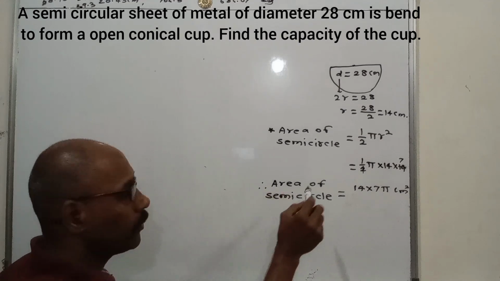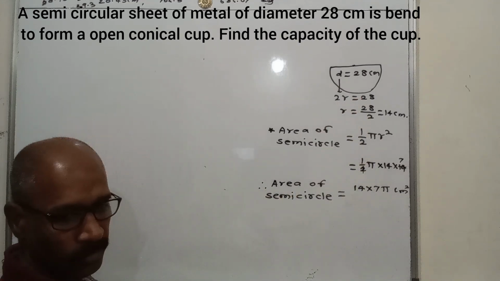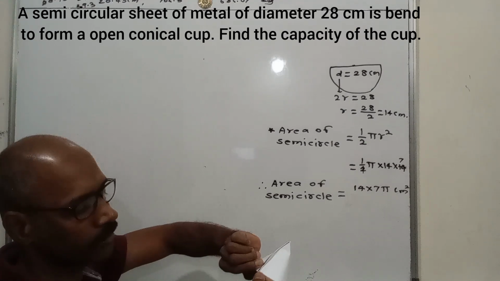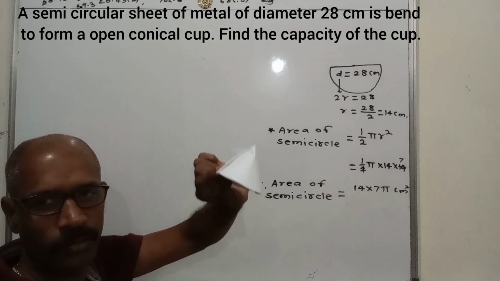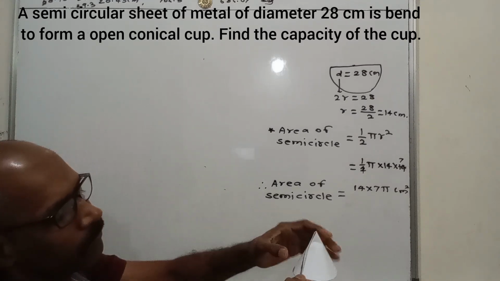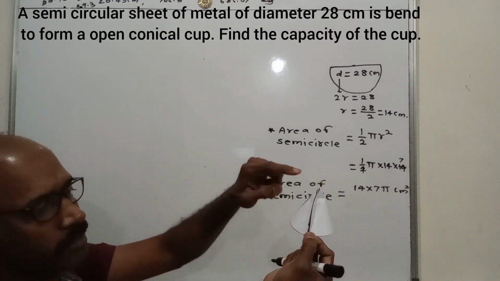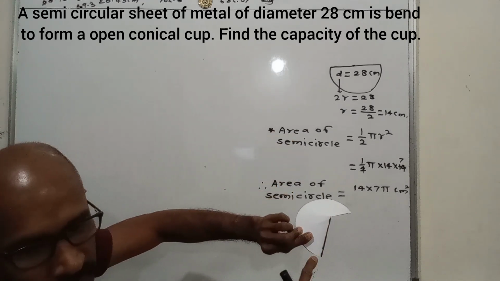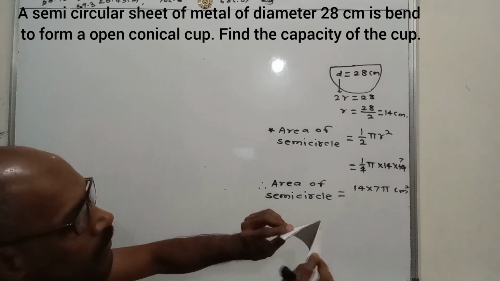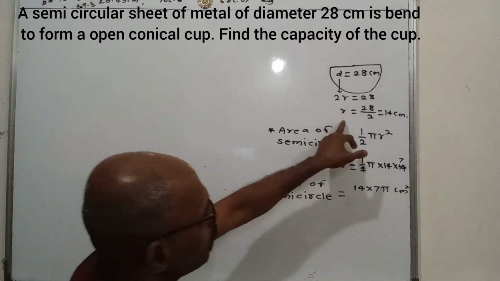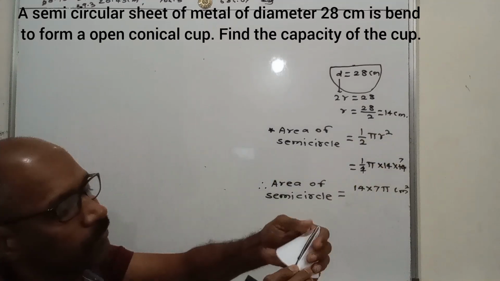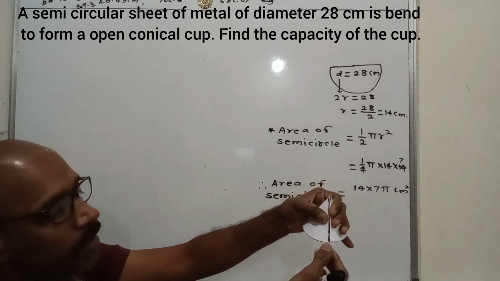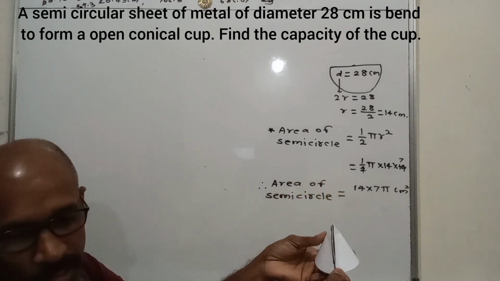Now this semicircle we convert into a conical cup. See this conical cup. In this conical cup, this is the radius of the semicircle. What is the radius of the semicircle? 14 centimeter. This radius of the semicircle is the slant height of this conical cup.